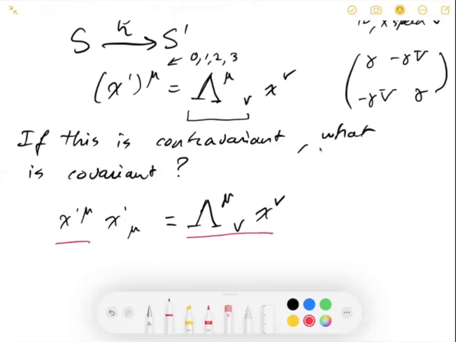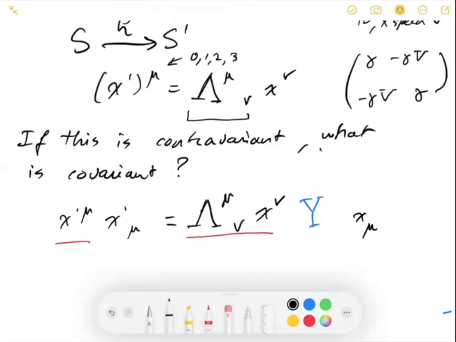About the other one, we don't know yet what that means. So let's call it y or something, a new transform, and now we have an x mu here.